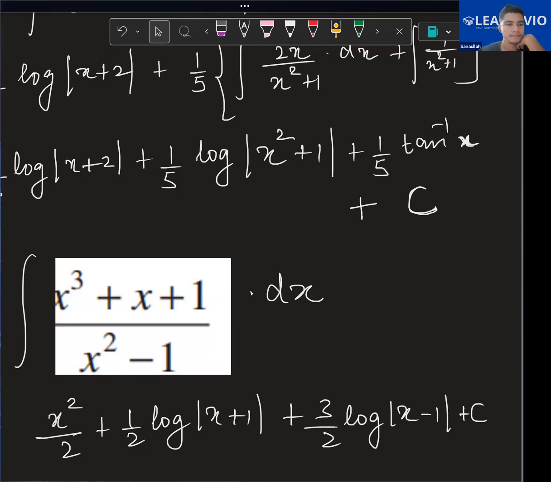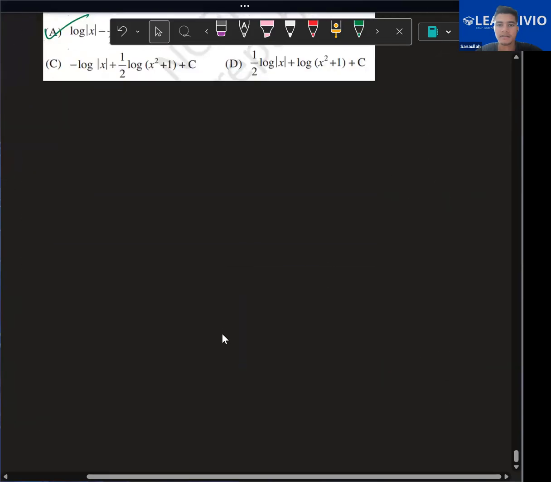Okay, is it clear? Do you have any doubt? Say, substitution is done, partial fraction is done. Now you have integration by parts. Integration by parts, ठीक है.